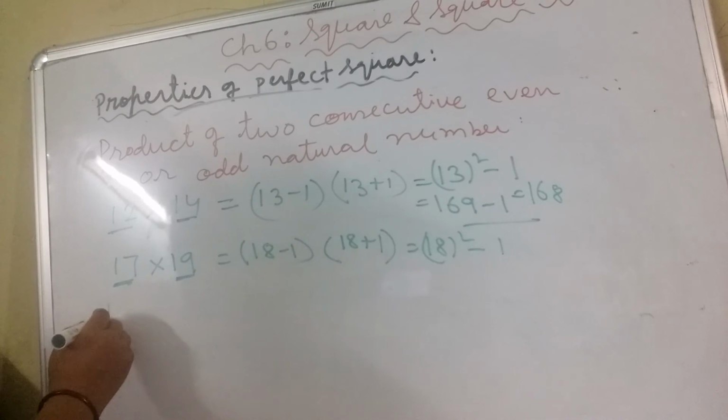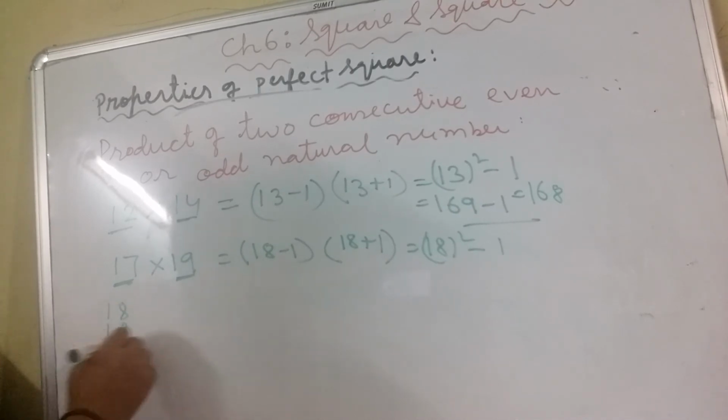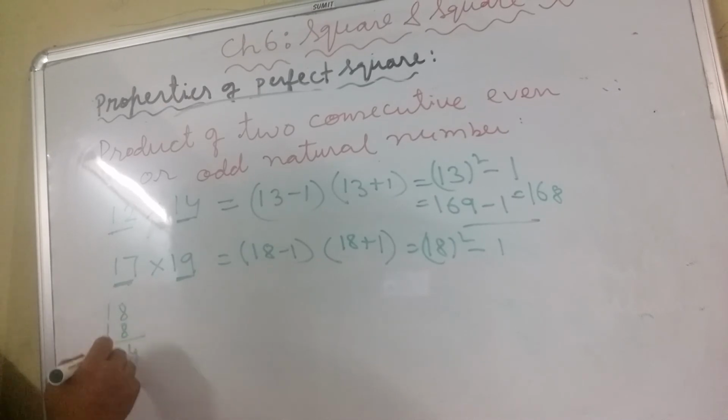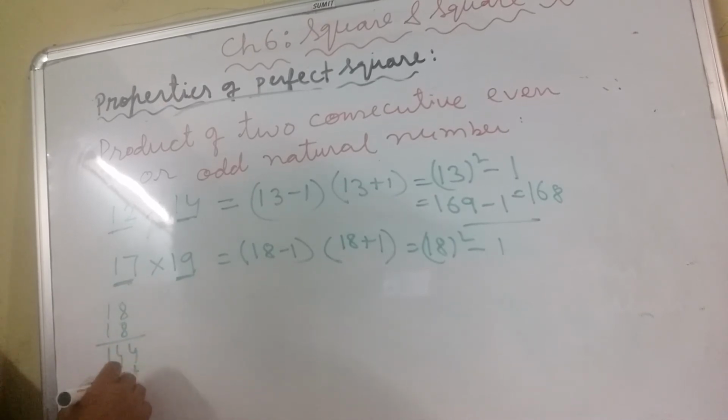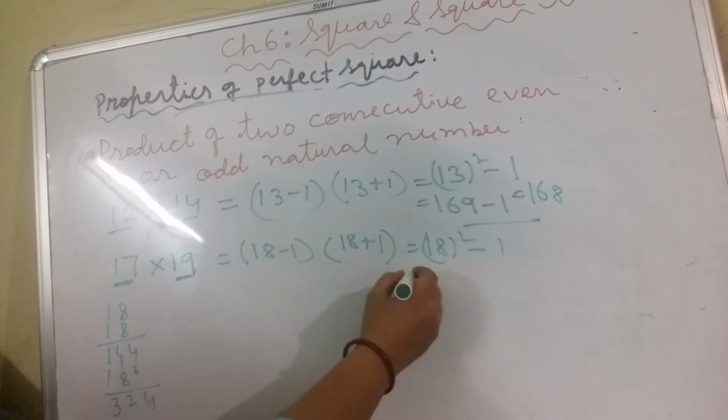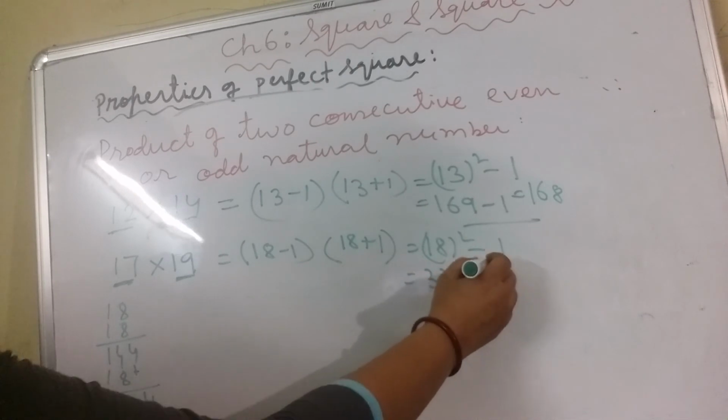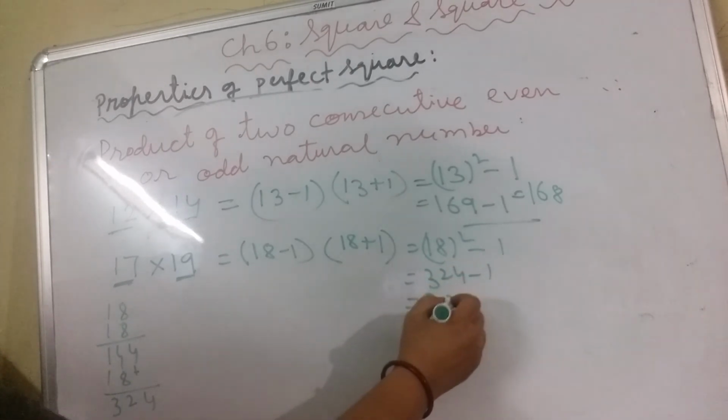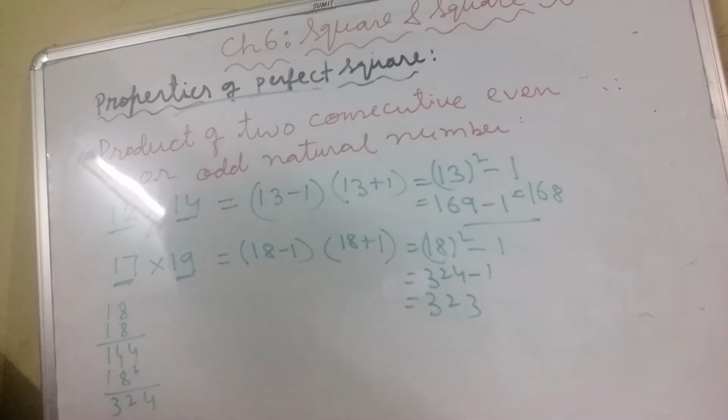And 18 square is 324, so 324 minus 1 is 323.